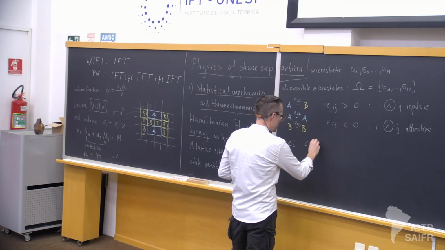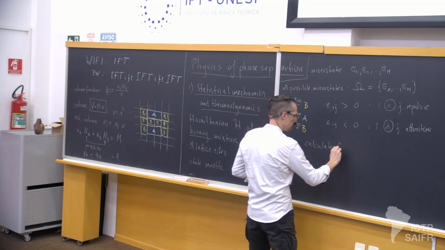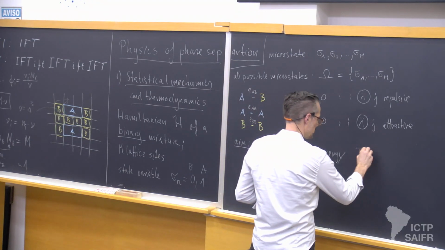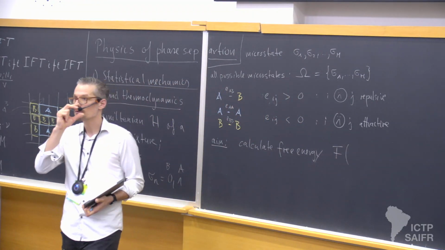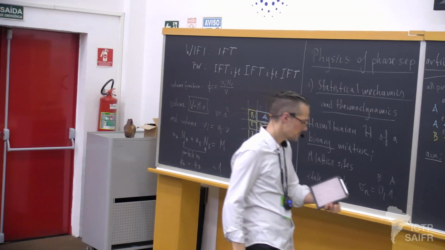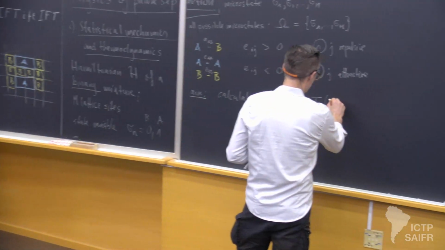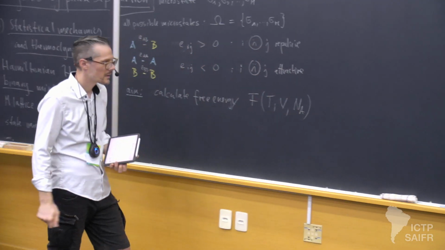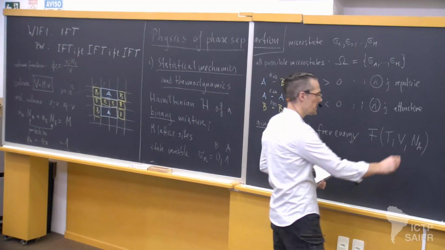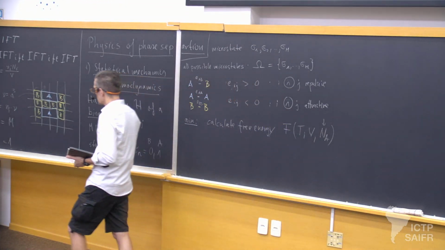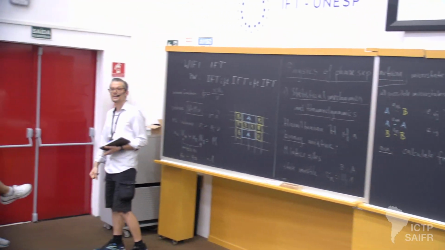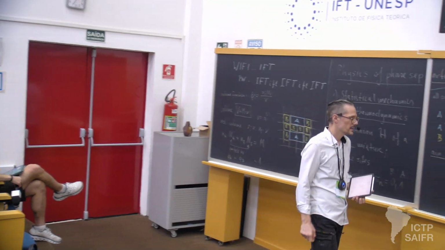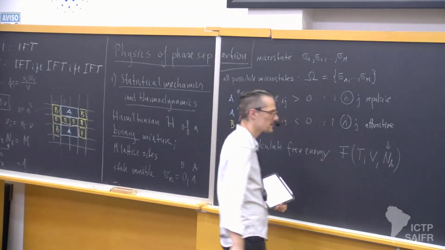We want to calculate the free energy, and I have to choose an ensemble. The ensemble I choose is the canonical ensemble with the Helmholtz free energy F, which depends on temperature, volume, and the particle number N_A. Why just N_A? Why not N_B? Because if I know where all the As are, I know where the Bs are. Okay? That's very important. So we have no freedom here to write N_A and N_B on the lattice.